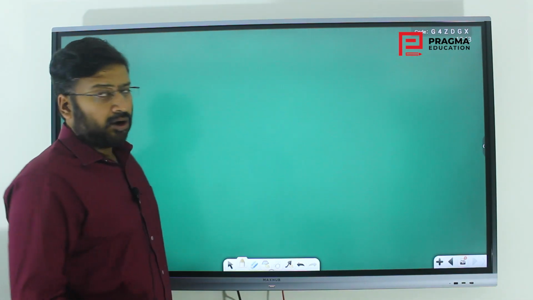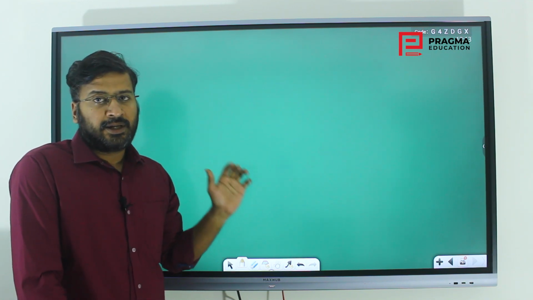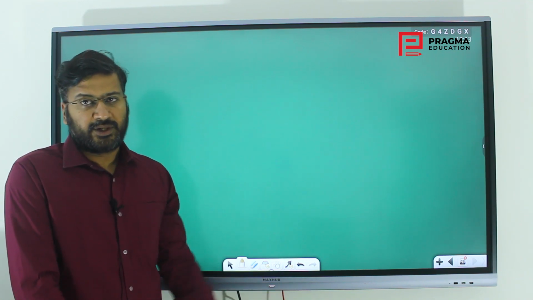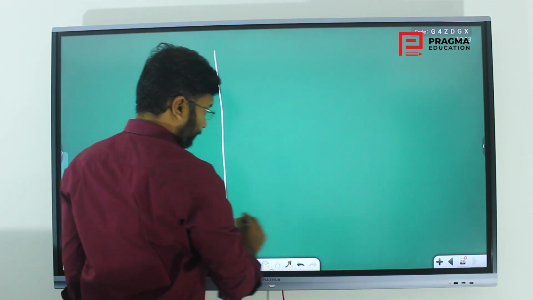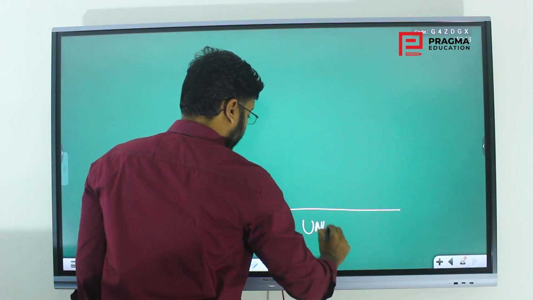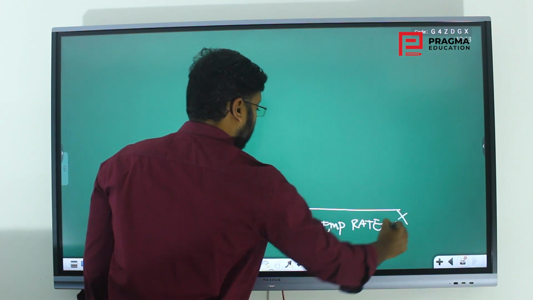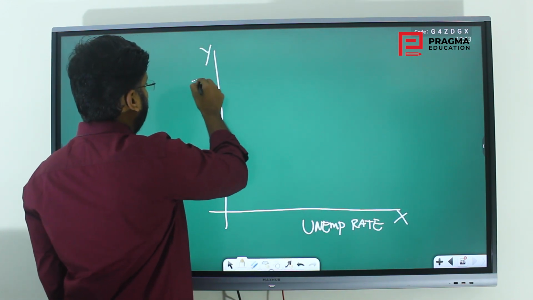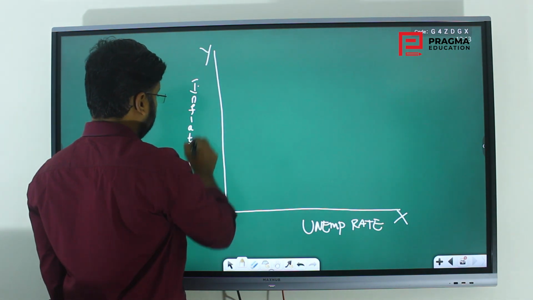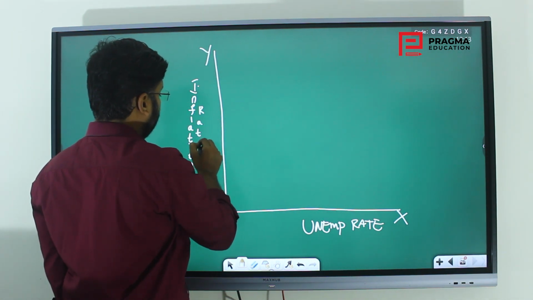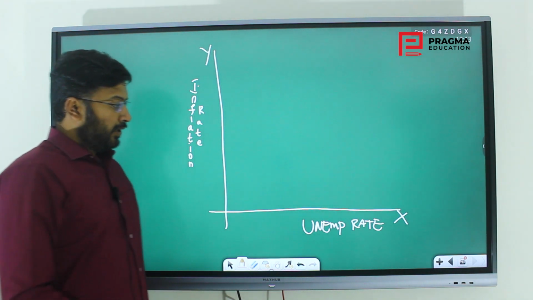And in the long run, or when governments take measures to control inflation, that is when this dynamics will come into play. So in the Phillips curve, we have the unemployment rate on the x-axis and the inflation rate on the y-axis.